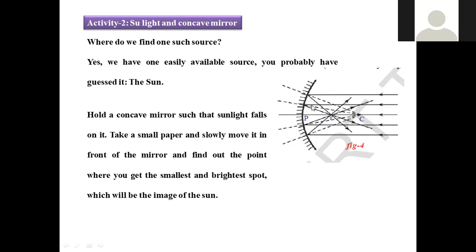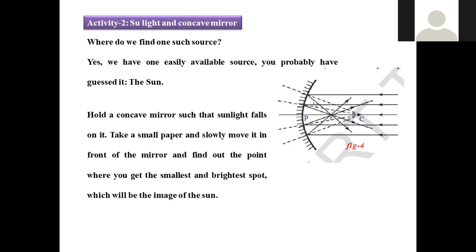Take a small paper and slowly move it in front of the mirror, and find the point where you get the smallest and brightest spot. At whichever distance the paper gives the brightest spot of the sun, that you have to notice.